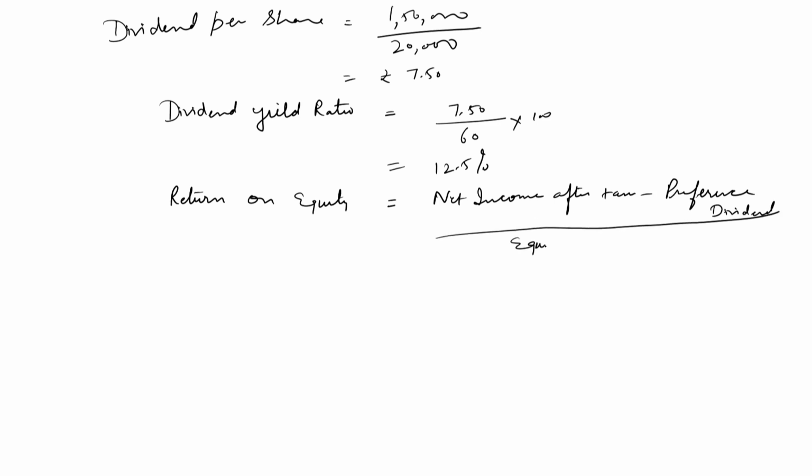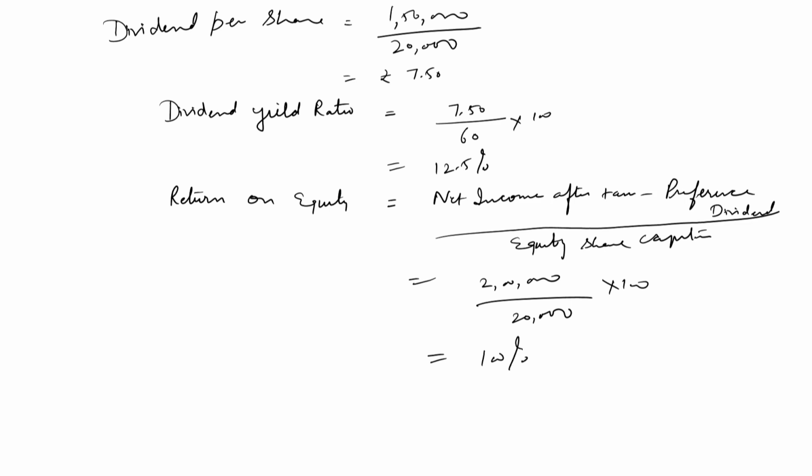So we are just considering the total income as we computed of rupees 2 lakh divided by equity share capital. So the net income we computed was 2 lakh and the equity share capital given is 20,000. So into 100 it comes to 100%.